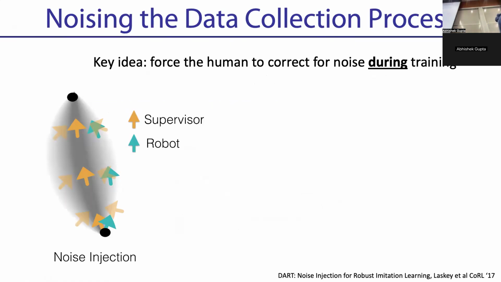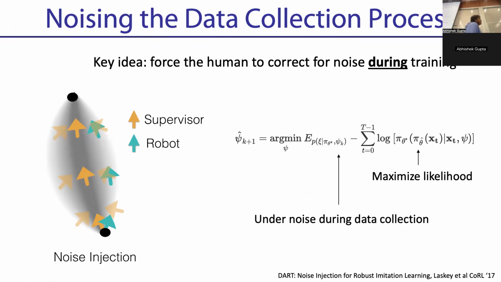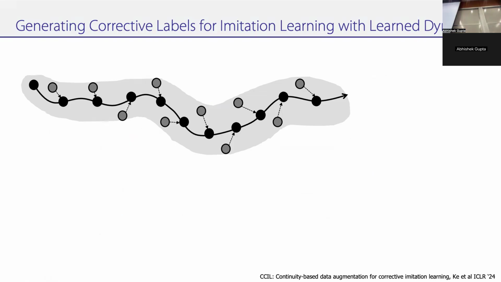So we studied two kinds of fixes to this. The first one is this algorithm DART, and all it says is to add a little bit of noise to data collection and have the human provide you corrective data in a tube around the optimal. And then we covered a second idea, which is this algorithm we came up with called CCIL, which is saying you don't want to have a human involved for these corrective labels. You can just use a dynamics model, a model that you trained to predict how the world works, right?